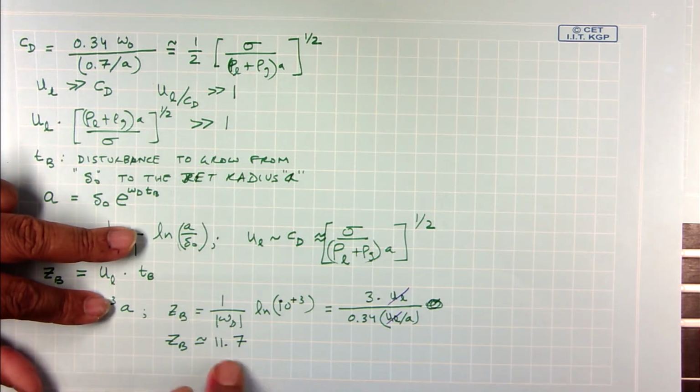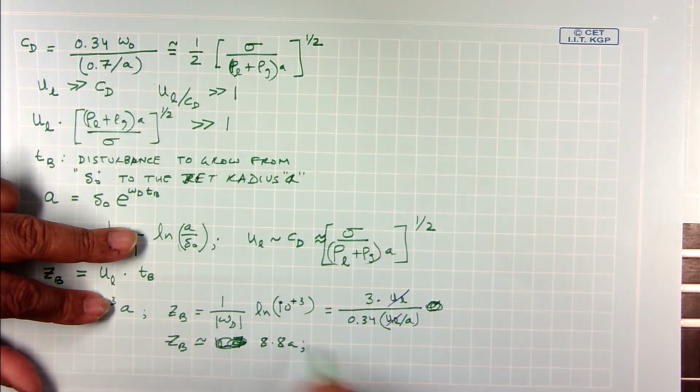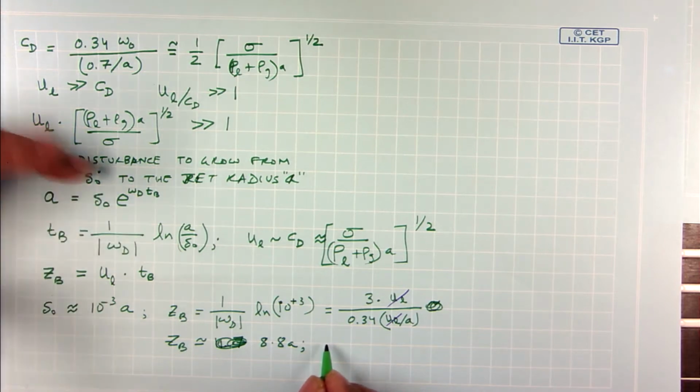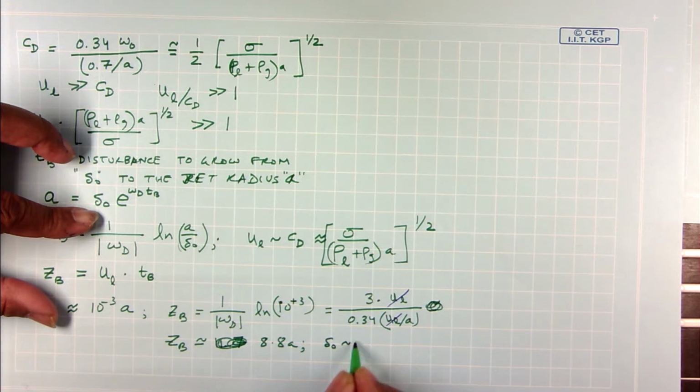No, sorry, this comes to about 8.8 times A. That is assuming that your delta naught is approximately 10 to the power minus 3 times A.